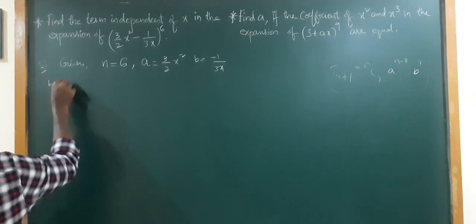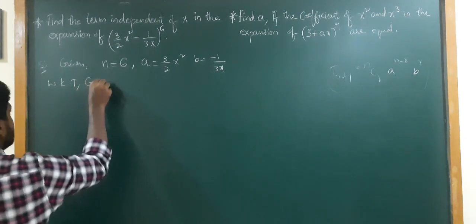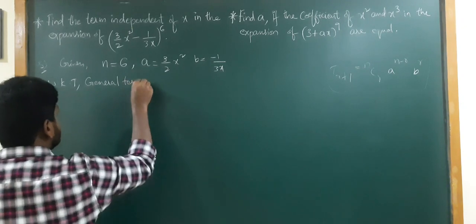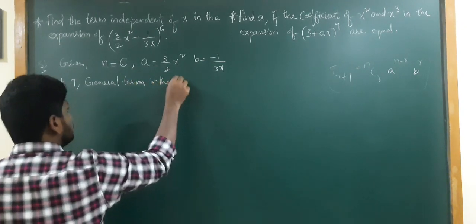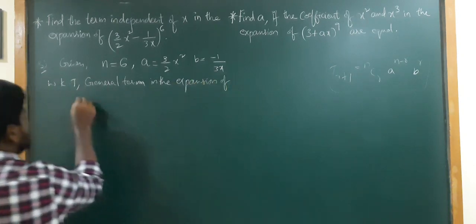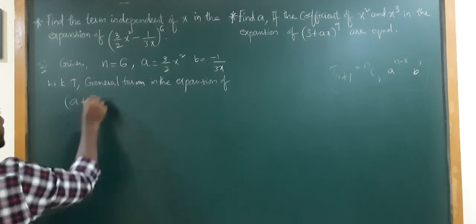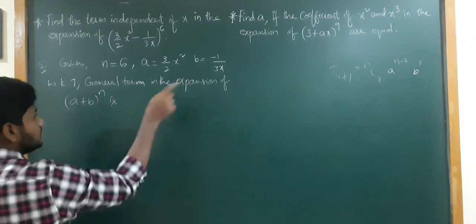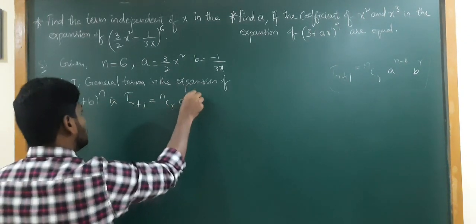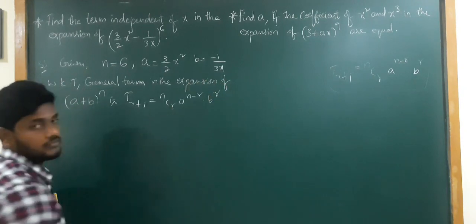We know that the general term in the expansion of (a+b)^n is T(r+1) = nCr a^(n-r) b^r.